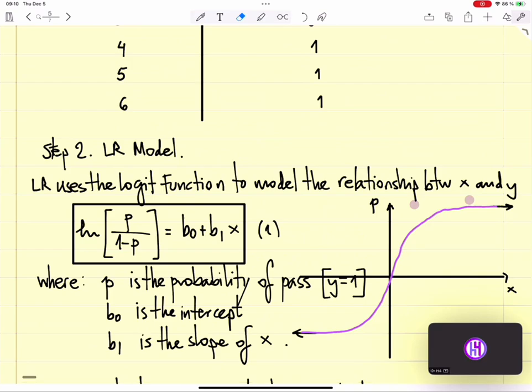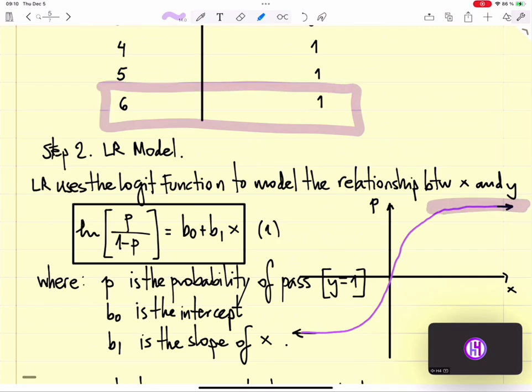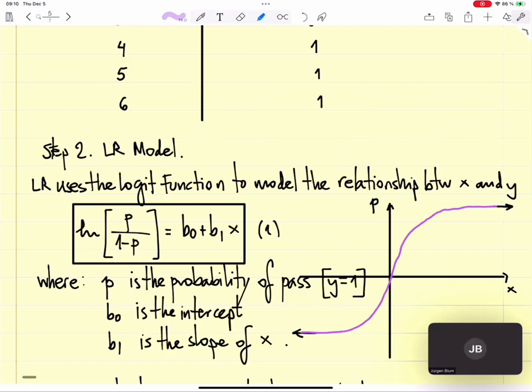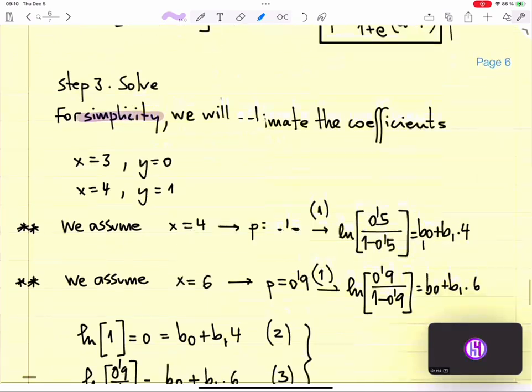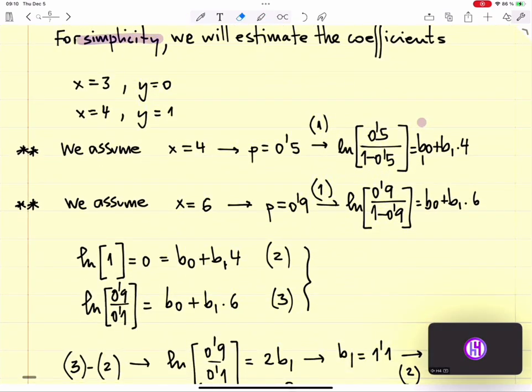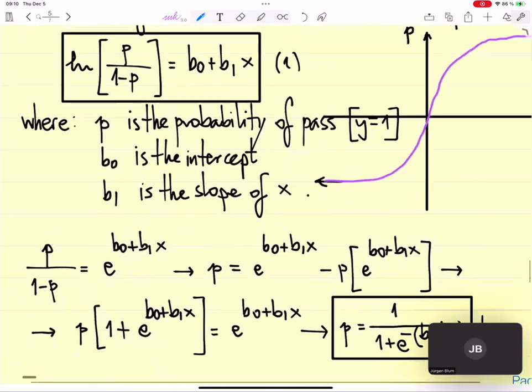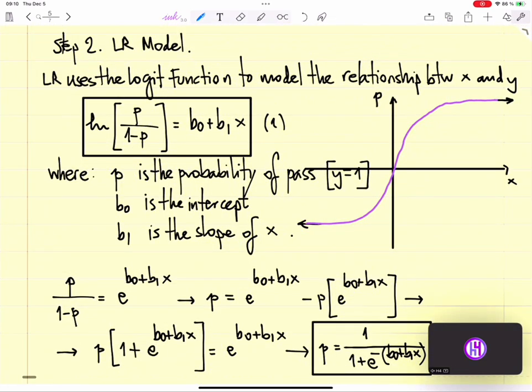So because I'm in the middle, I'm going to be here, 0.5. And then you take the last one and you say, okay, this is going to be very close to 1. You can say 0.99. It doesn't matter, okay? The logic is going to be the same.